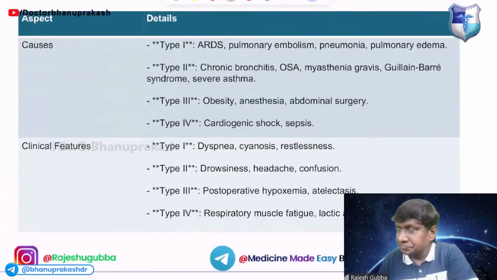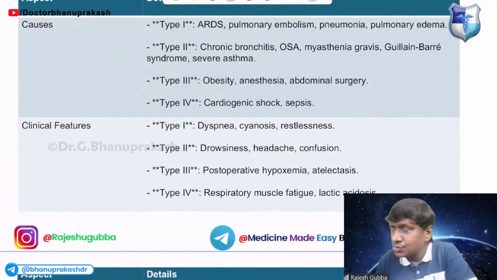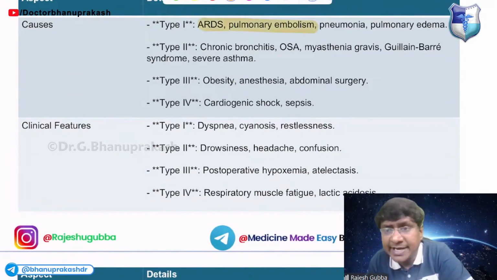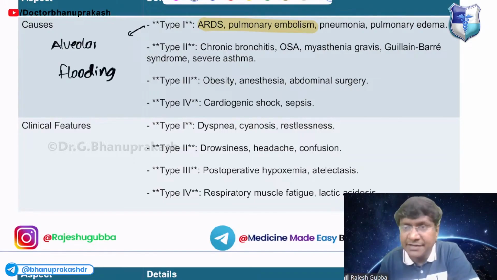So this particular table will give you the etiology as well as the clinical features. Type 1, as I have said, it is ARDS, pulmonary embolism, pneumonia, and pulmonary edema. So in case of type 1, you have alveolar flooding, whatever the etiologies that you have there.